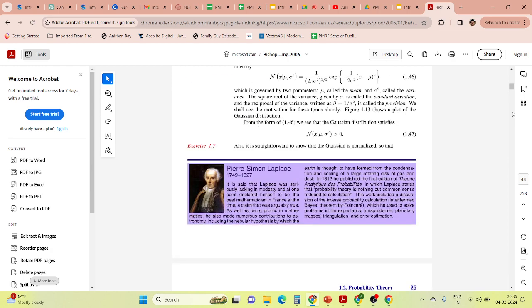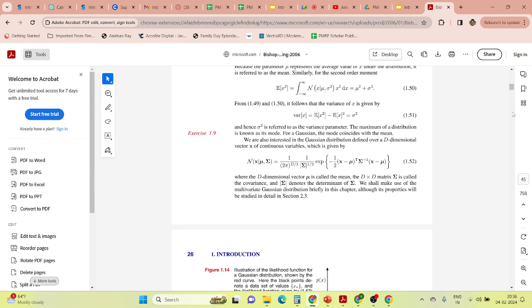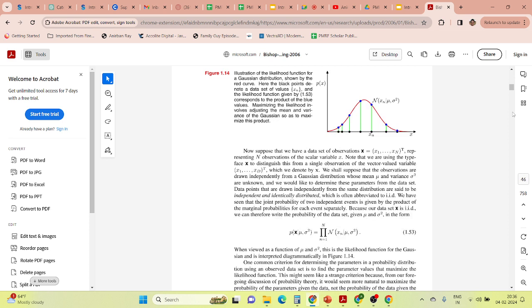Gaussian distributions. At least you can read the first chapter, it will be nice.